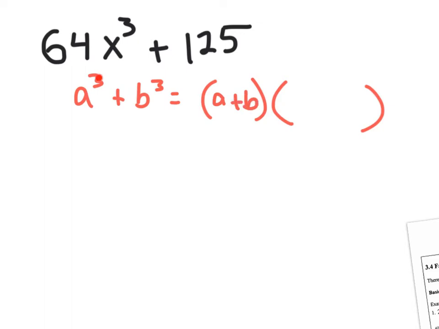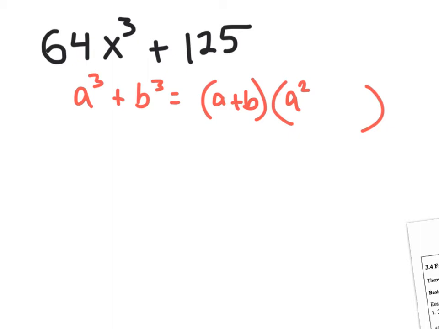So if we have a cubed plus b cubed, it's simply going to be a plus b, right? No cubes on the binomial. Now, the trinomial in the second parentheses is a little bit bigger, because it's a trinomial, not a binomial, and that's where you're going to have a squared.